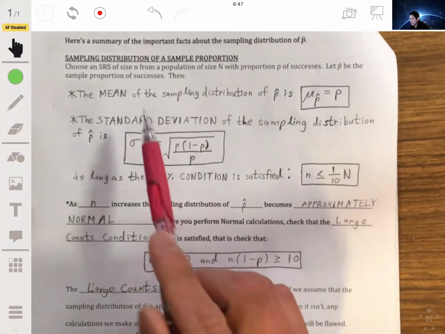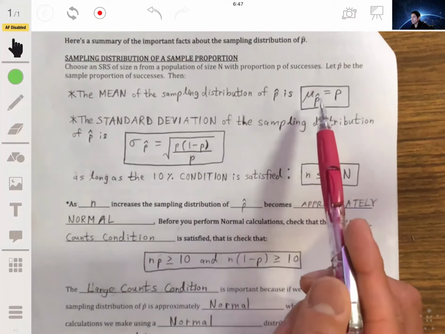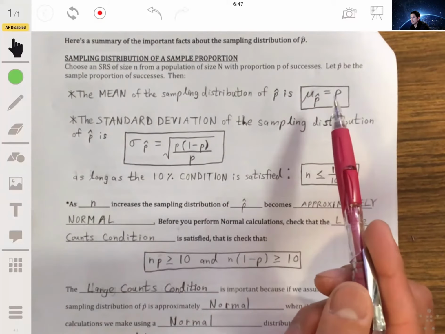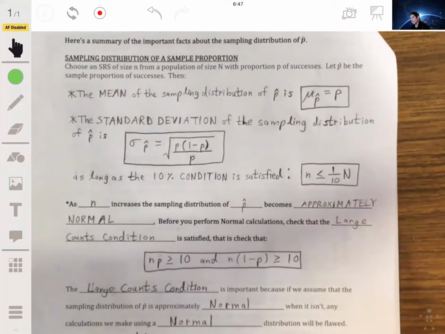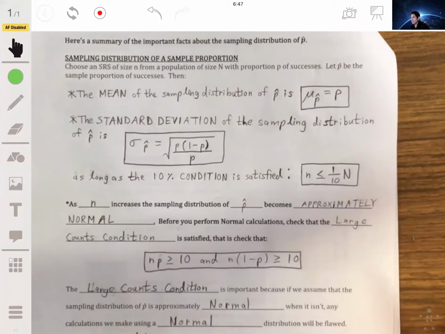Now, the first thing, the mean of the sampling distribution of p hat will be equal to the population proportion, and that's because if you remember from the earlier lesson, the sample proportion is an unbiased estimator. So the mean of the sample proportion will be centered at the true proportion.